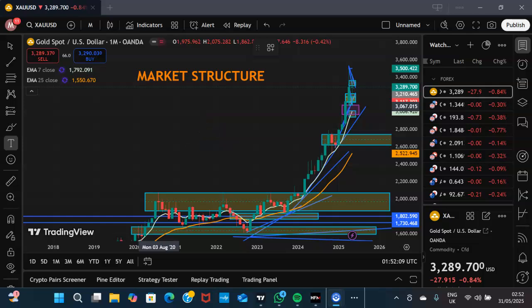For an uptrend, our impulse wave will be the long leg, while the corrective wave will be the pullback, and then another long leg, which is the impulse wave, and then it pulls back, and like that the trend continues.